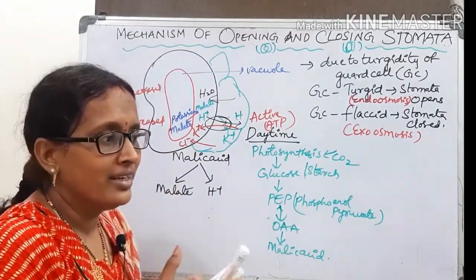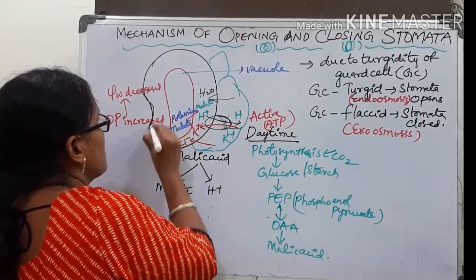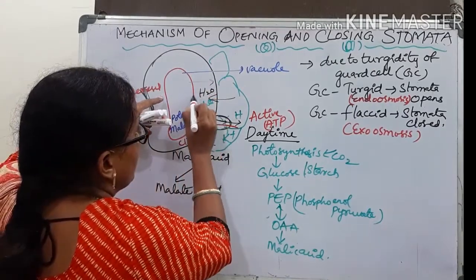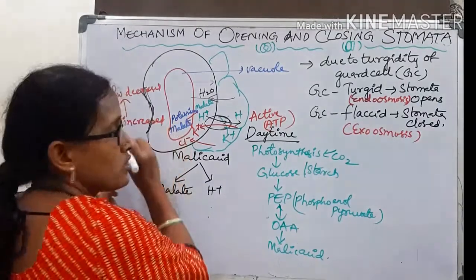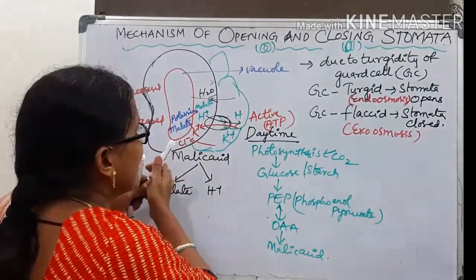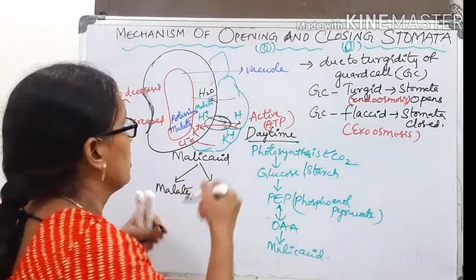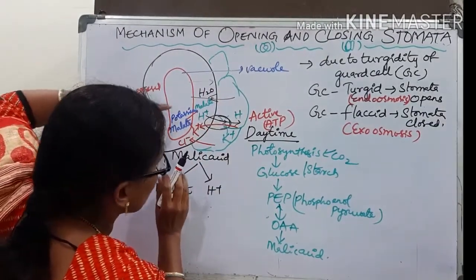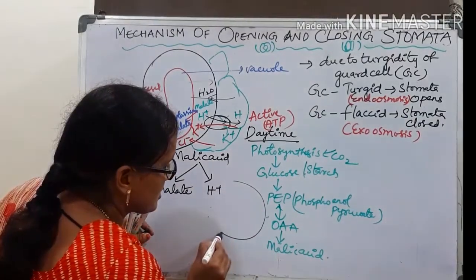When water enters the cells, we already know that the wall towards the pore is thicker. So this water creates pressure on the side opposite to the pore. When it creates the pressure, the guard cell will bulge out. This increases the size, and a crescent shape is formed like this.